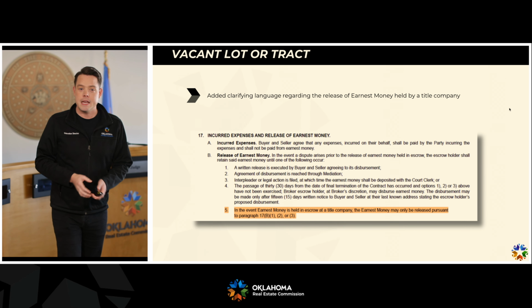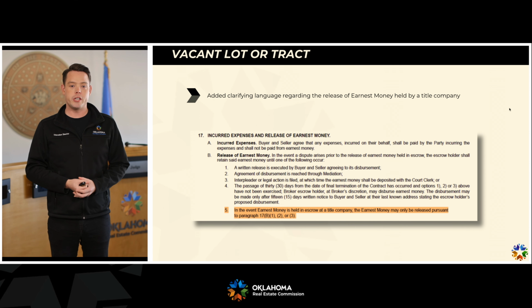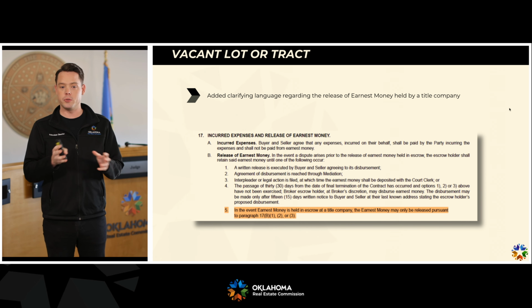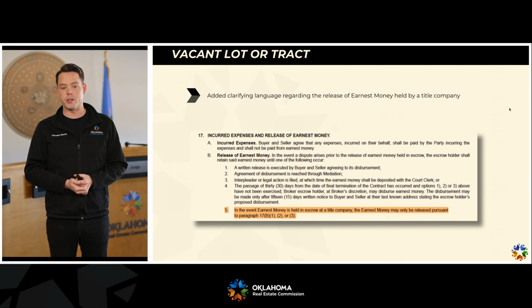Thank you, Patrick. So on the vacant lot or tract contract, we added clarifying language here regarding the release of earnest money that is held by the title company. So you'll see the change highlighted below on your screen.